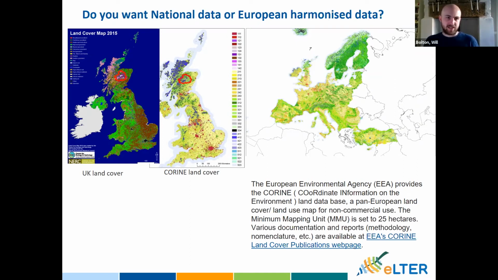On the left-hand side, we can see the UK's own land cover map product, which is land cover data for the whole country, versus the right-hand side, where we can see the Corine land cover data from earlier and the zoomed in version for the UK. So with the spatial data, really all that's different is the extent of the overall data sets. And since we're throwing away the rest of the data anyway, we're just taking what's in the site. With the spatial data, it doesn't really make much difference whether it's national or international data.